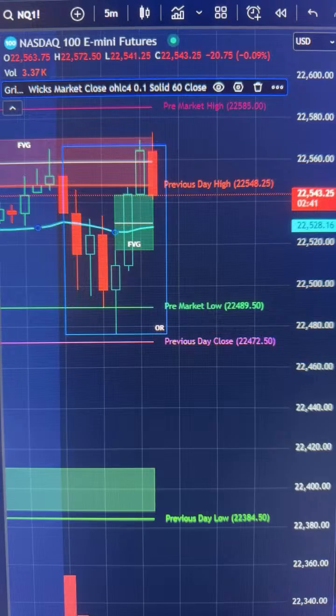There's no reason to keep trading. Trade is over for me, everyone. Just the 22,530 area could be a possible bounce area. I'm gonna watch it for the continuation, bounce for continuation.